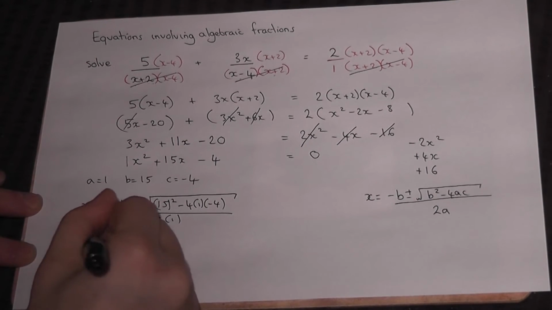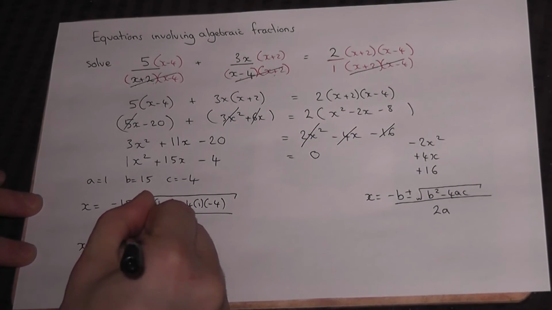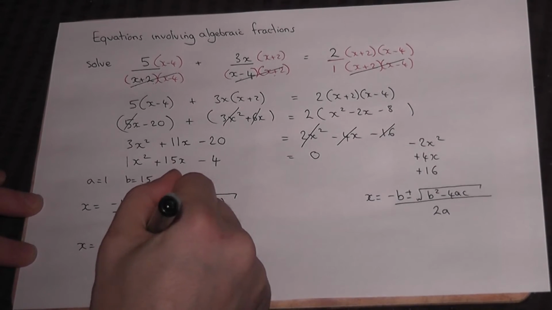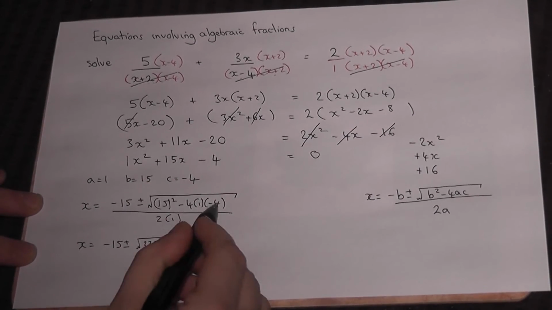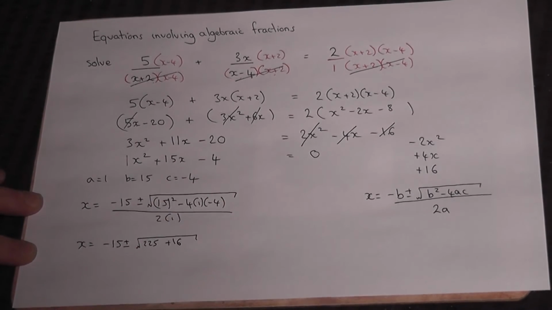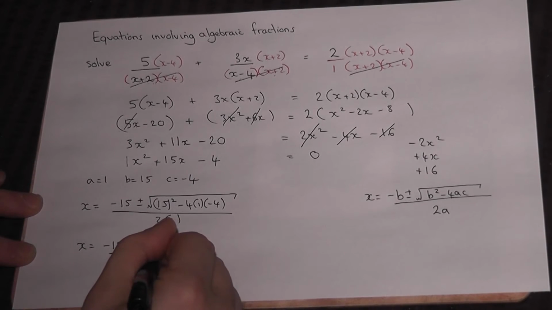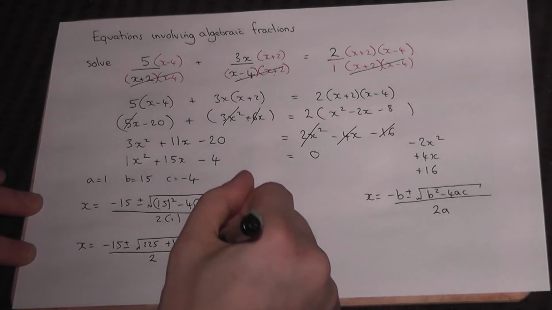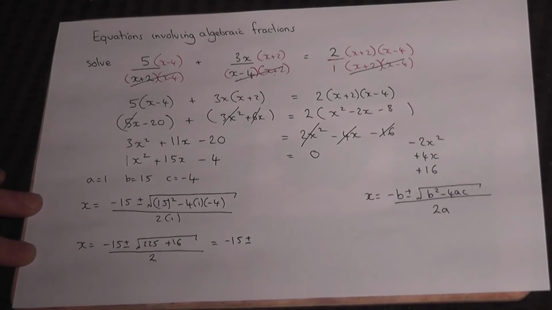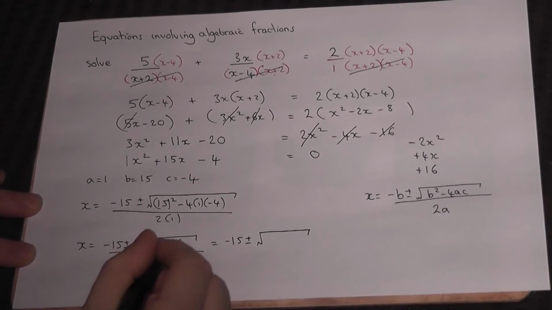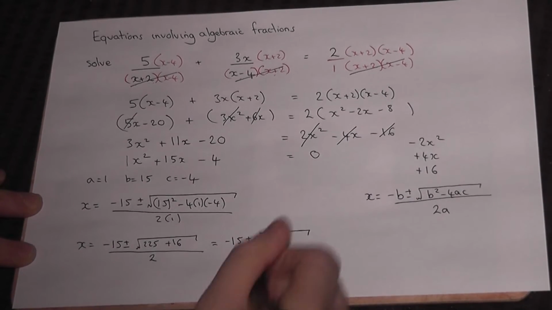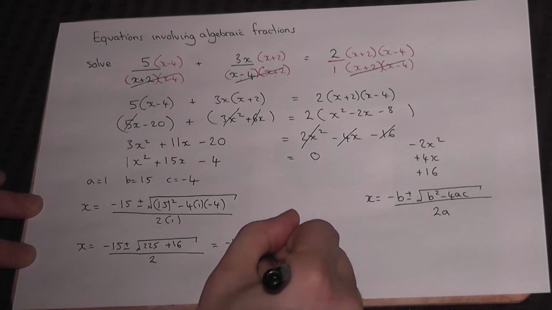So x equals minus 15 plus or minus the square root of 15 squared is 225. 4 times 4 is 16. 2 negatives goes positive. All divided by 2. Now we're almost there. Minus 15 plus or minus the square root of 225 plus 16, 241, all over 2.